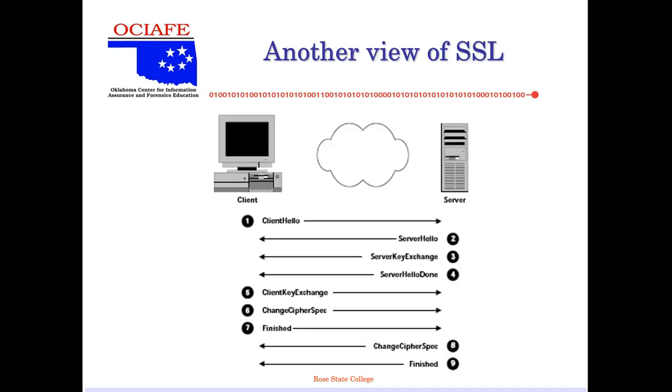The client sends the change cipher spec message to activate those negotiated options that were concluded as part of the negotiation. Then it says it's finished, and lets the server check for newly activated options. The server then sends the change cipher spec message back to the client, as well as its finished, saying everything is ready and set and go.